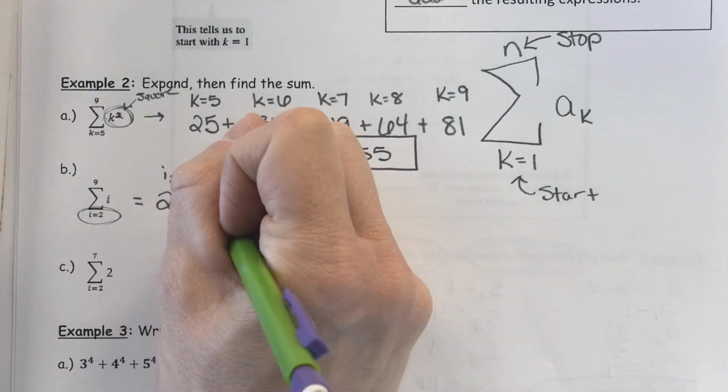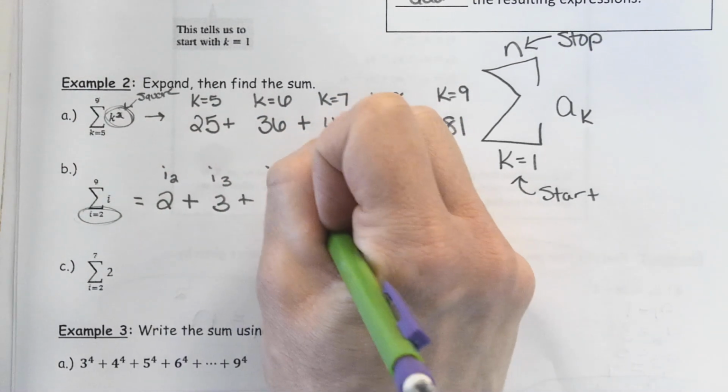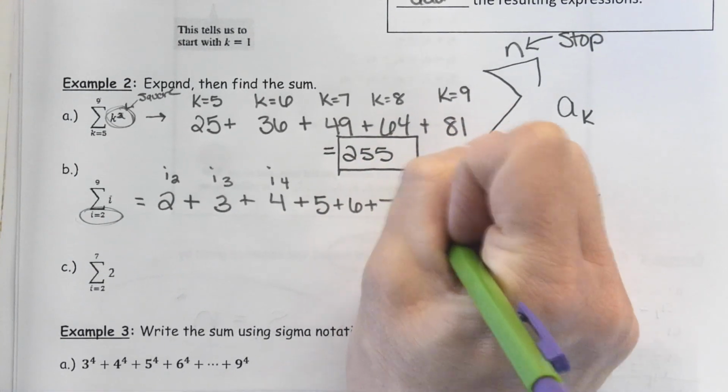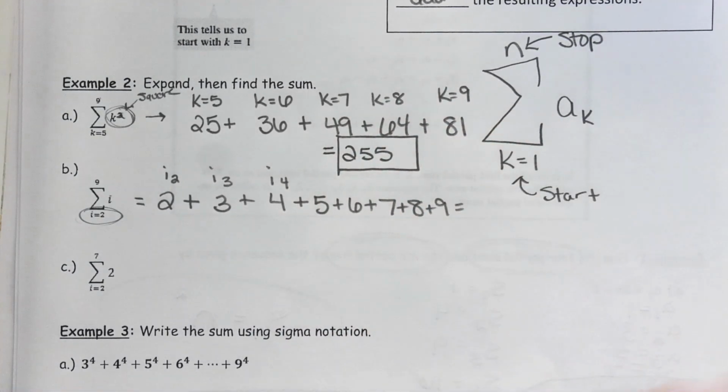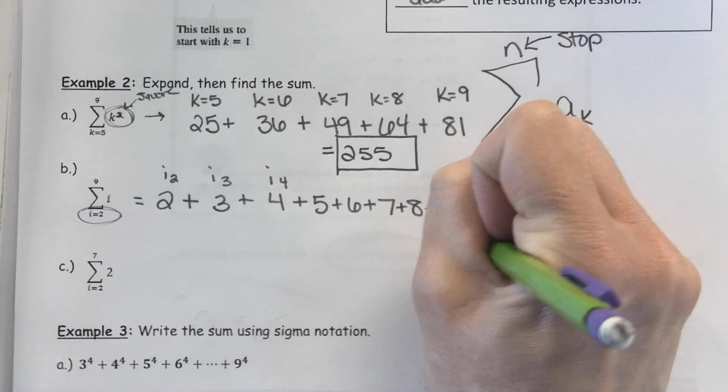What's I sub 3? 3. And then 4. Where do I stop? 9. Okay, add them up. What do you get? 44. I agree with 44.